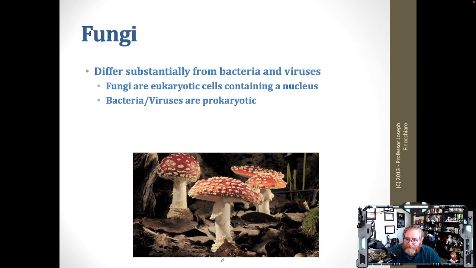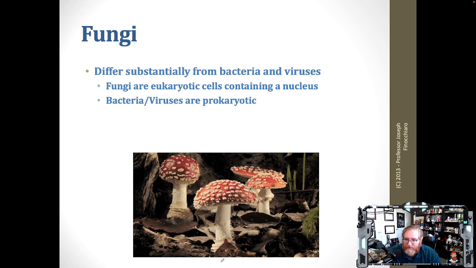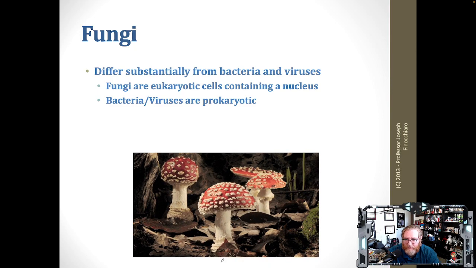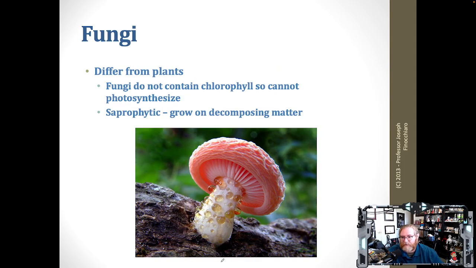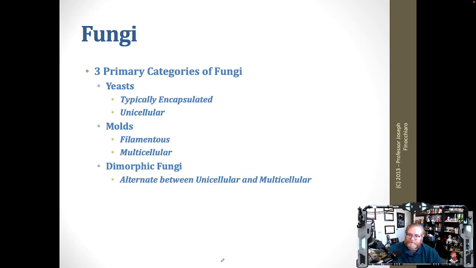Fungi differ substantially from bacteria and viruses. Fungi are eukaryotic cells containing a nucleus. Bacteria and viruses are prokaryotic. They differ from plants. Fungi do not contain chlorophyll, so they cannot photosynthesize, and they are saprophytic, which means they grow on decomposing matter. There are three primary categories of fungi: yeasts, molds, and dimorphic fungi.